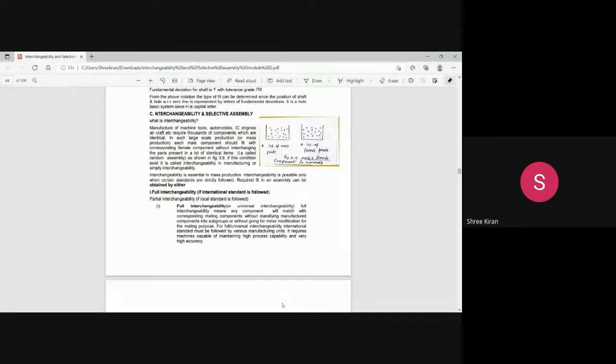Anyone of you remember? No problem, Agash. You learned. Can anyone of you tell me other than Agash? I told you at the start of the module, when we were doing the introduction to metrology. We had just started the module only four or five days before. No one remembers?